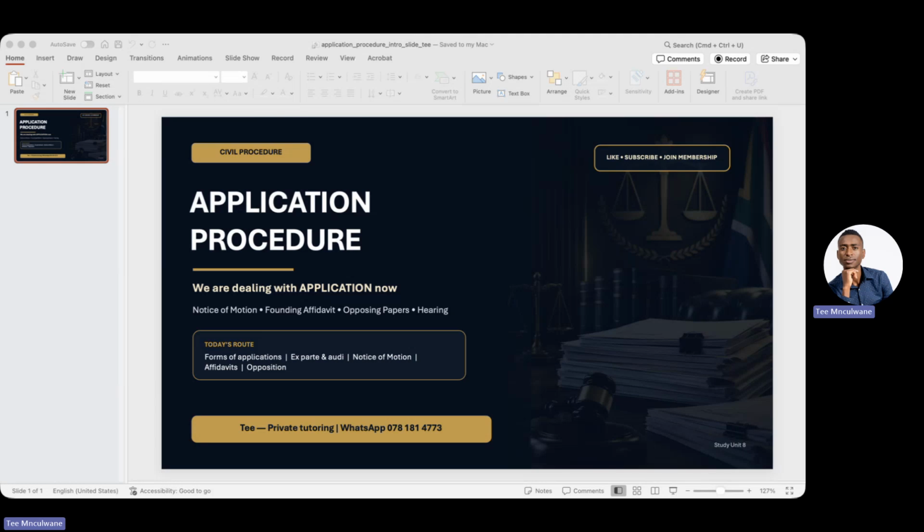If you give them notice and say, tomorrow I'm applying for an order to stop you from moving that money, what might they do tonight? They might move the money immediately, and in that kind of situation, giving notice could defeat the purpose of the application, right? So that may justify an ex parte approach.